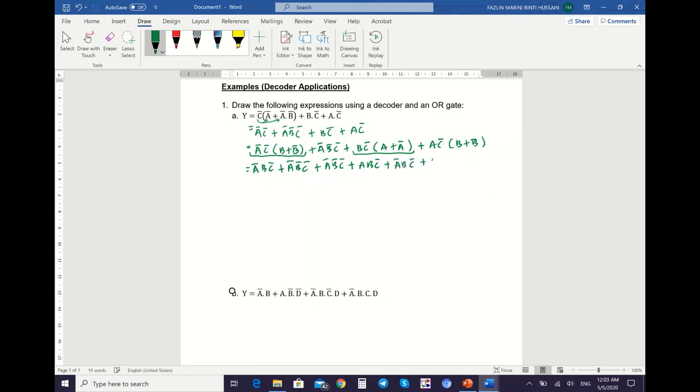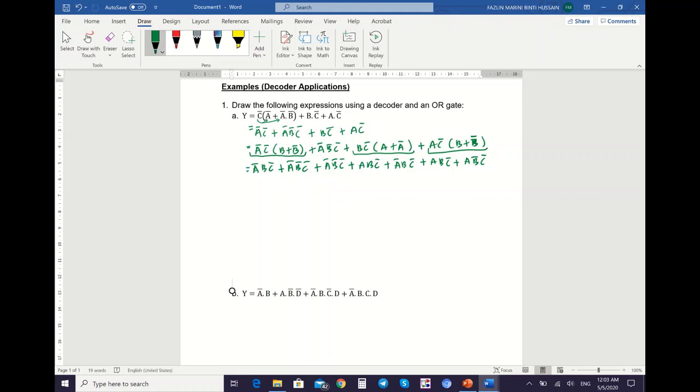Plus between these two, A, B, C bar plus A, B bar, C bar. So this is actually B bar. So you need to be careful when you expand the equations, okay?